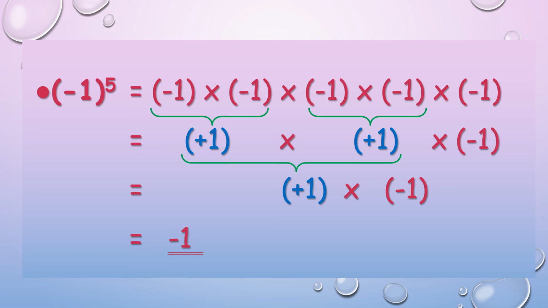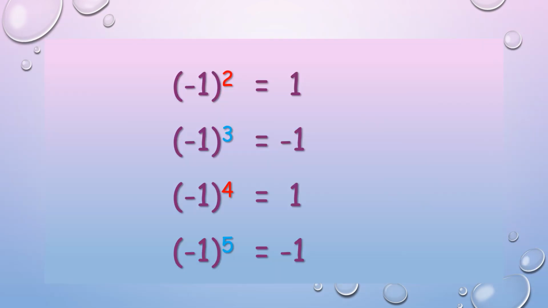So, what can you observe? Here, minus 1 to the power 2 is 1, it's positive. And minus 1 to the power 3 is negative 1. Then again minus 1 to the power 4 is 1, it's positive. And minus 1 to the power 5 is negative.